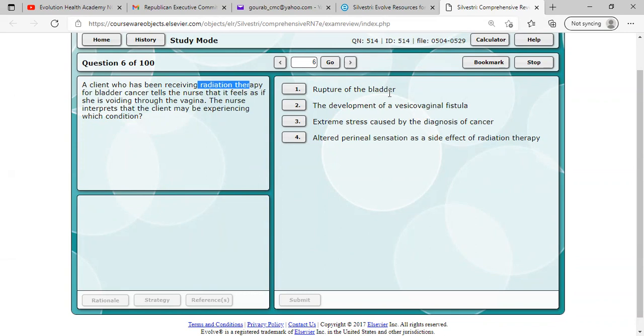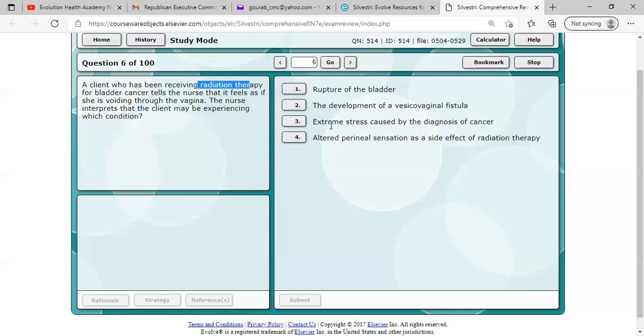So rupture of the bladder, development of vesicovaginal fistula. So an abnormal opening because of tissue damage, right? A fistula has a chance to develop, an abnormal opening between the bladder and vagina. This is the chance.